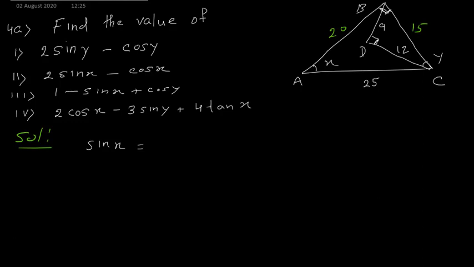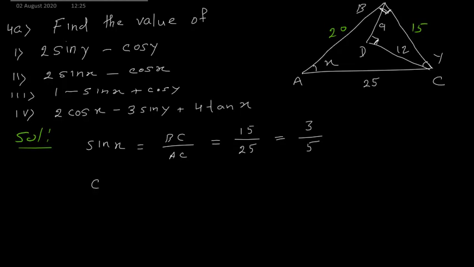BC. Sin x is equals to BC upon hypotenuse AC. So BC upon AC, which will give you value of BC is 15, value of AC is 25. So 15 upon 25, now 5 3s are 15 and 5 5s are 25. So this is 3 upon 5, so this is sin x.